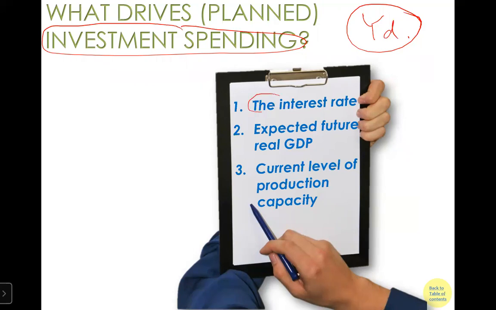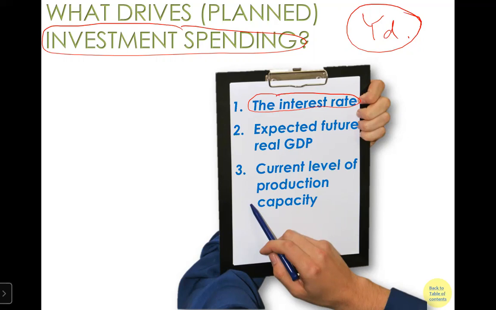Interest rate essentially is the cost of investing, right? Just think about mortgage rates, car loans. If you can get 0% APR to buy a new car versus you must pay 10% APR, just ask yourself, in which case do you want to buy a new car? Certainly with 0%, right? This is how interest rate affects investment spending.